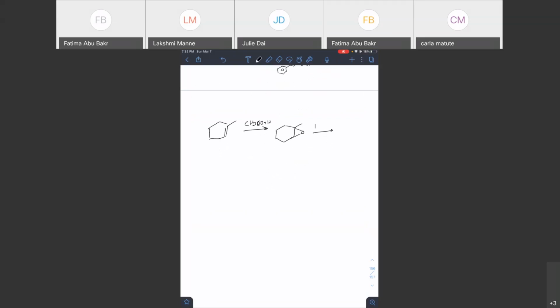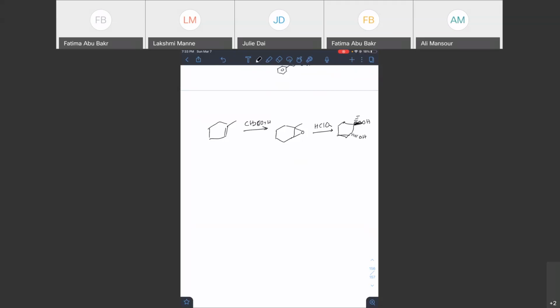Then if you do HClO4, that is going to basically add an OH there. The two OHs are going in opposite directions because it's anti-addition, and the methyl stays there. So that's the way of making them anti.